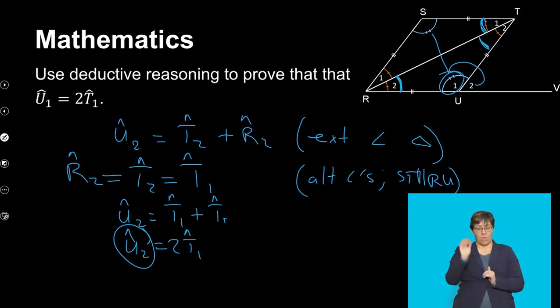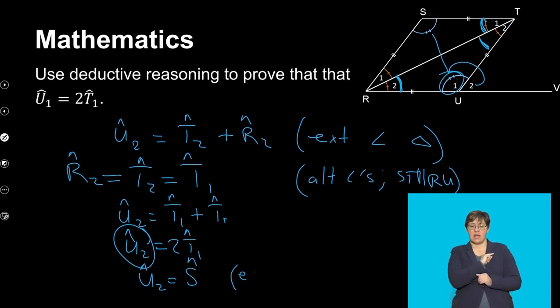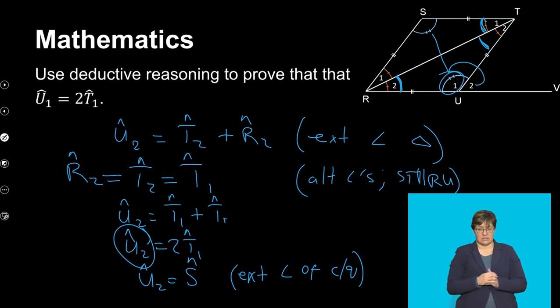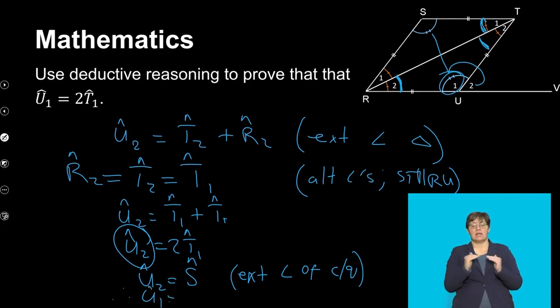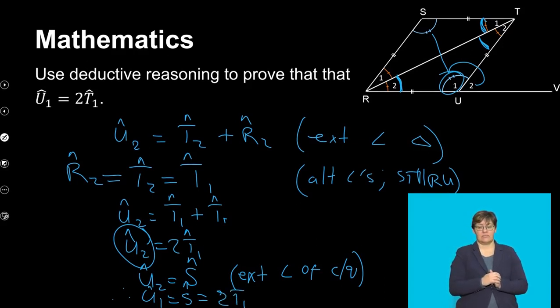So I know that U2 is equal to S, and this is because of the exterior angle of a cyclic quad, or an exterior angle of a quadrilateral. And as a result, U1 will be equal to S, which will be equal to 2T1. U1 and S are equal because these are opposite angles of a rhombus.